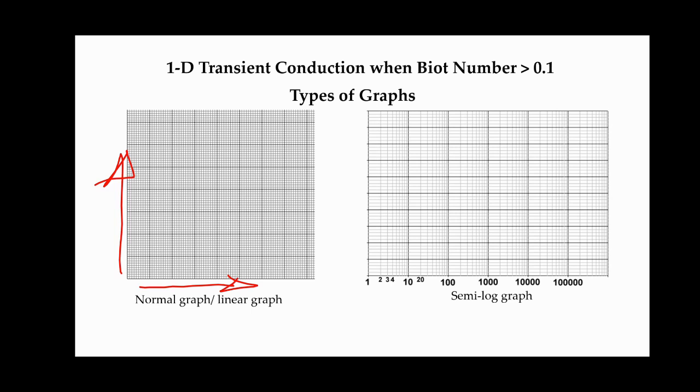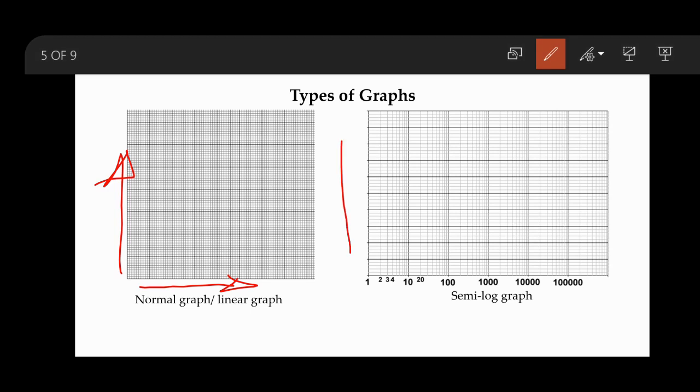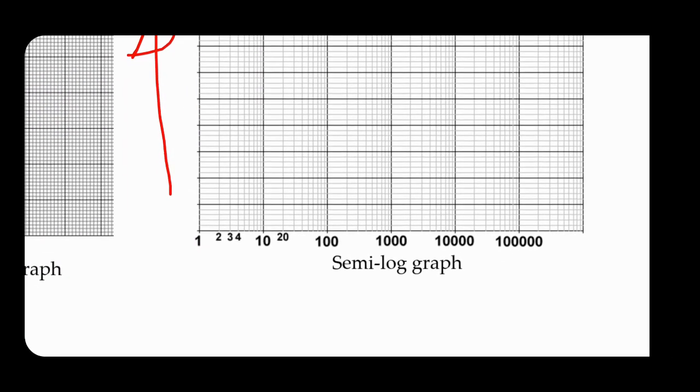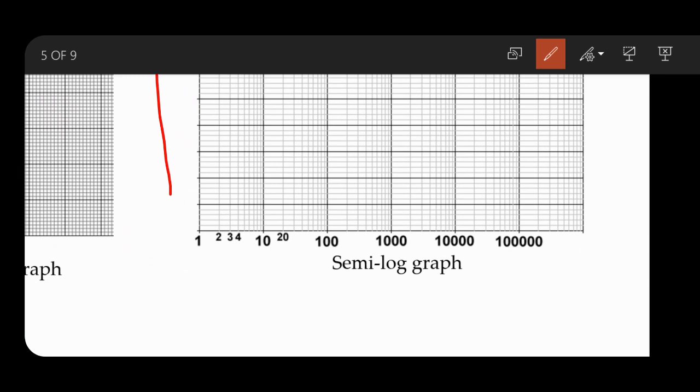Here you can see that the y-axis remains as it is. It's a linear axis in the y direction. But when you see the x-axis, you can see that the units are not constant. Here we have 1, 2, 3, 4, and the distances between 1 and 2, 2 and 3, and 3 and 4 are different. As we move towards 10, the distance between the units reduces, and then we get to 10.